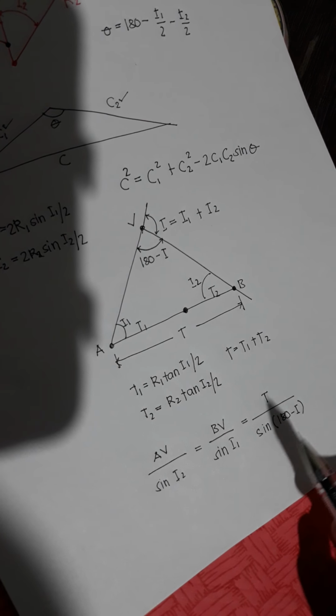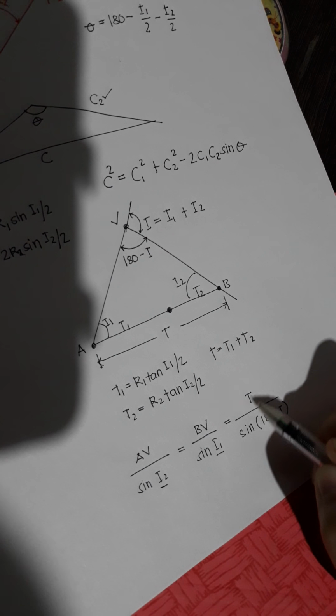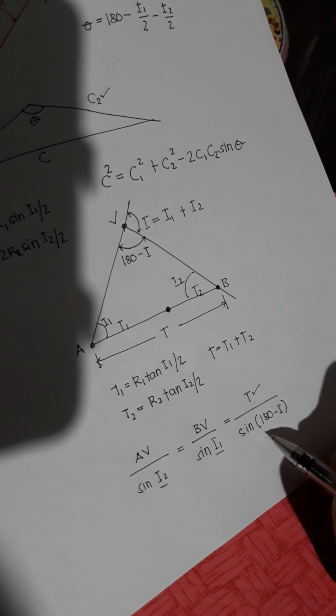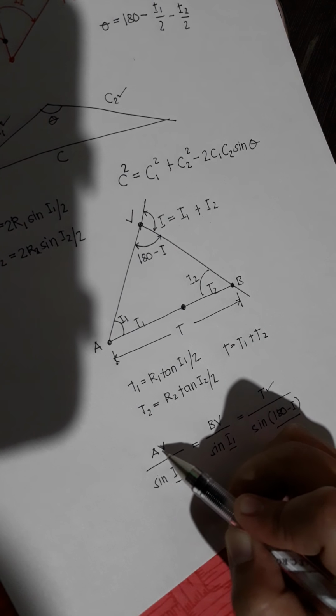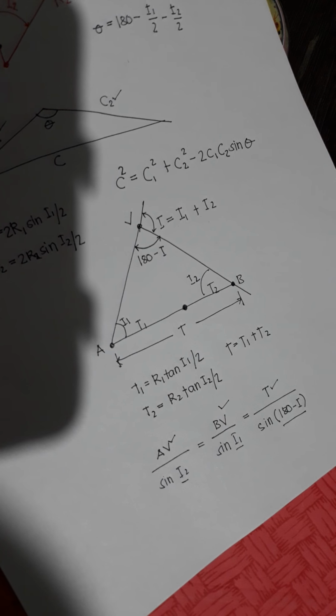So if you have the values I1, I2, T, and 180 minus I, you will be able to get AV and BV using this sine law.